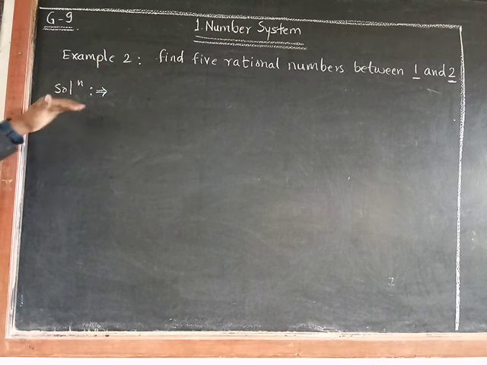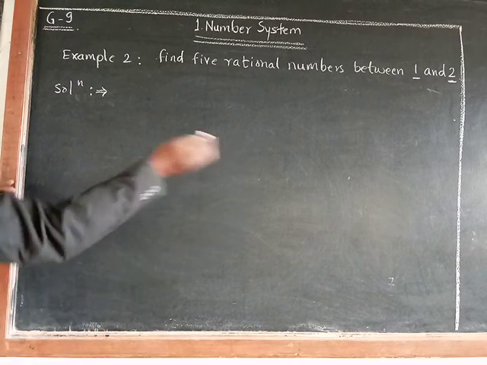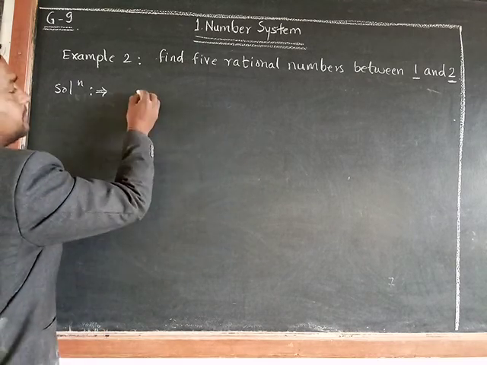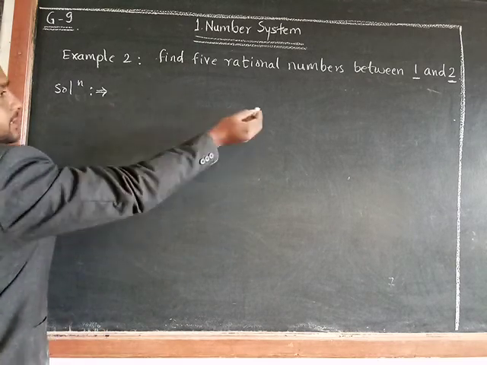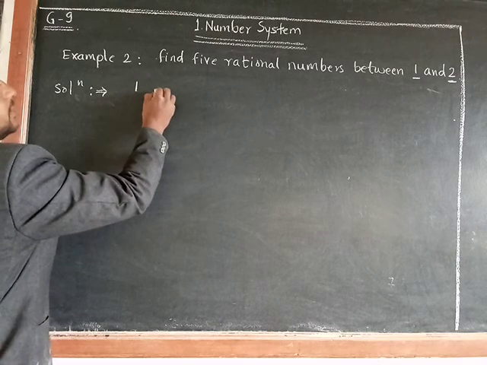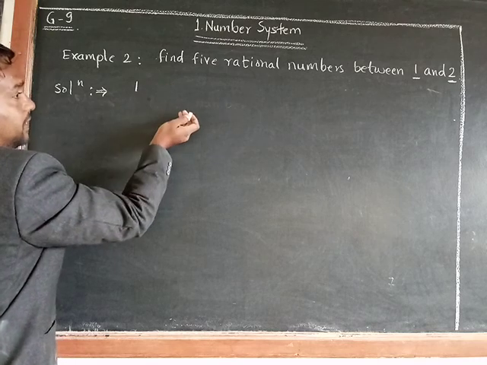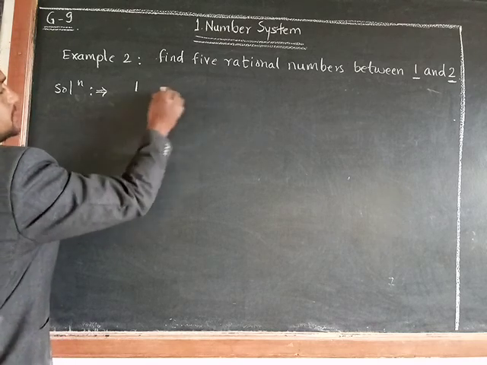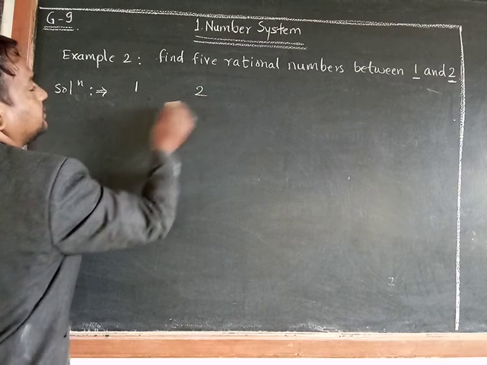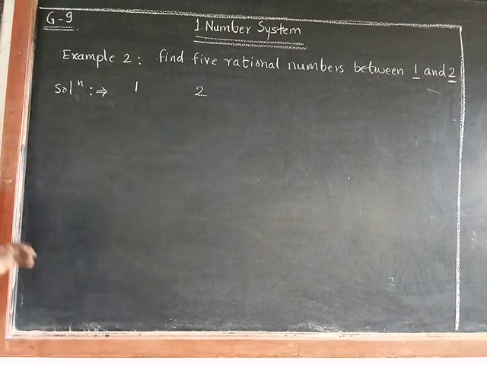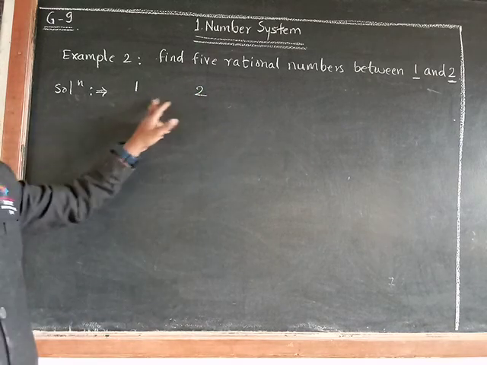First method, that is the solution. So let's take those two numbers, 1 and 2. We have to add those two numbers, and between them we have to find any 5 rational numbers.